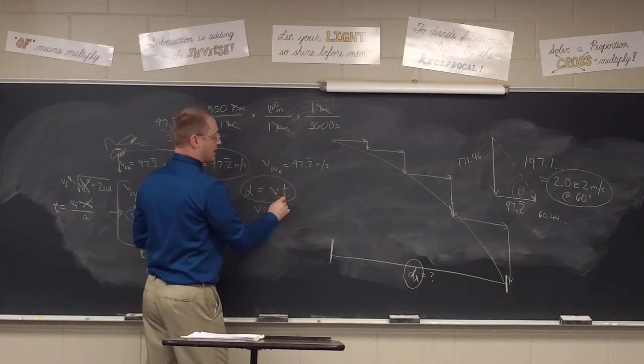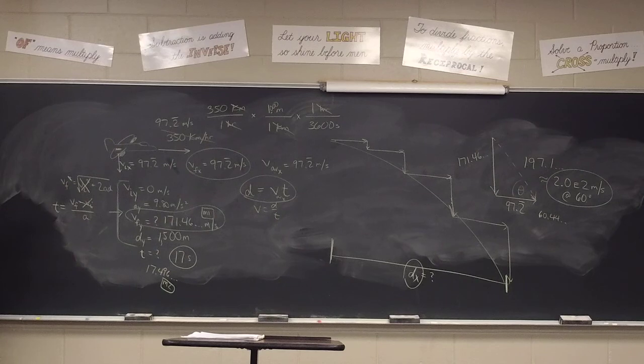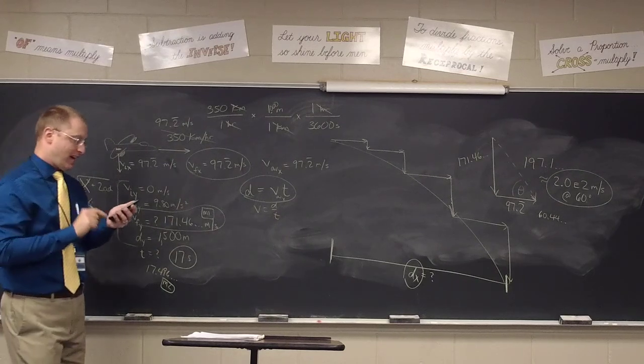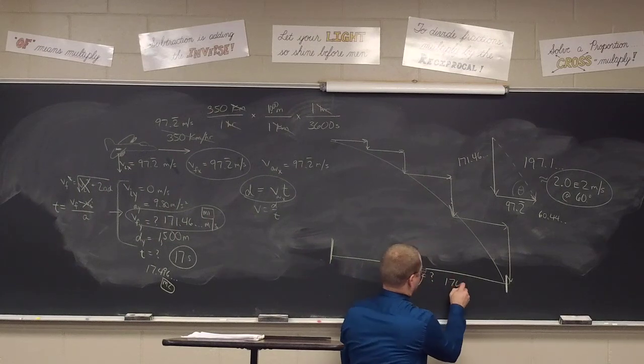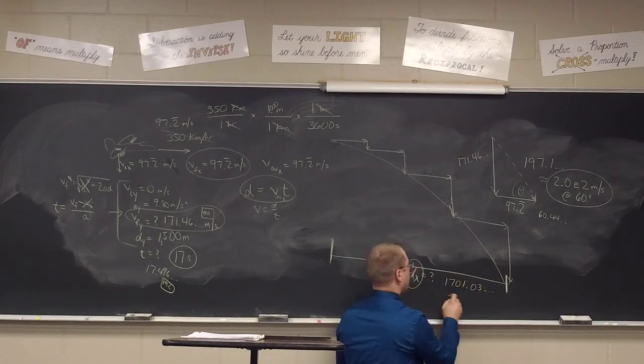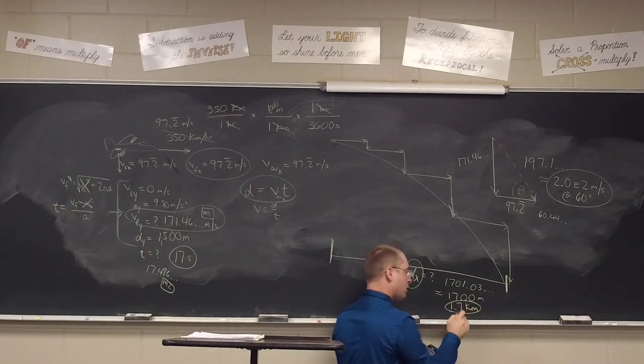So take that average velocity of the x times the time. How far ahead of the target should the bomb be released? Almost exactly 1,700 meters, or you could say 1.7 kilometers if you really wanted to.